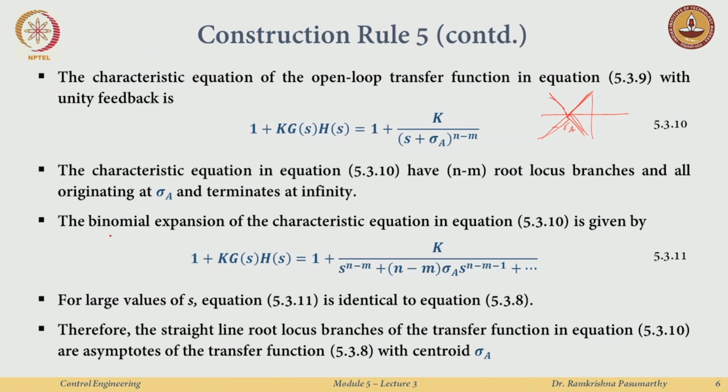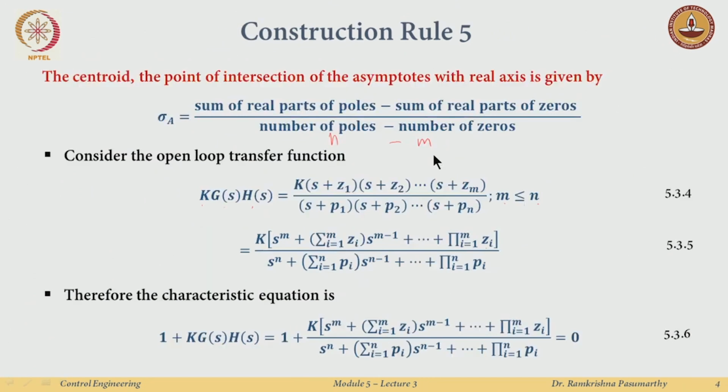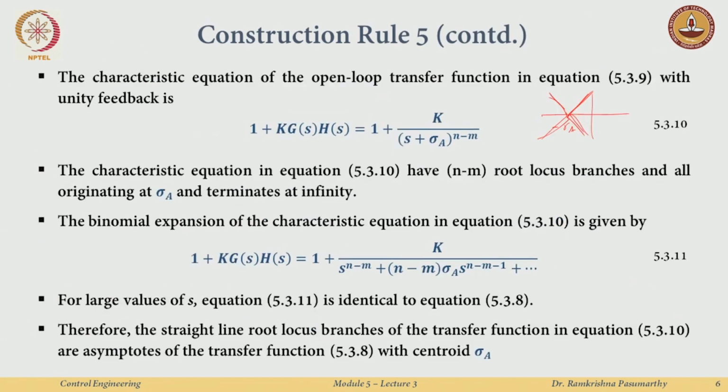As we do the binomial expansion, and in the denominator I have again powers of s, n minus m, and then now I am just summing this way, right. So, if I just substitute this formula directly, summation of all the poles, how many poles are there? N minus m. Where are the poles? At sigma a. So, therefore, the second term would simply be sigma a times n minus m, which is the summation of all the values of all the poles, n minus 1 and so on.